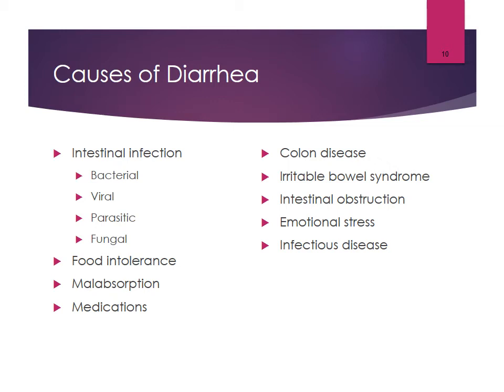The BRAT diet, which consisted of bananas, rice, applesauce, and toast, was once at the forefront for diarrhea, but it's gone out of favor because it's low in energy density, fat, and protein. So it's not recommended as much anymore.